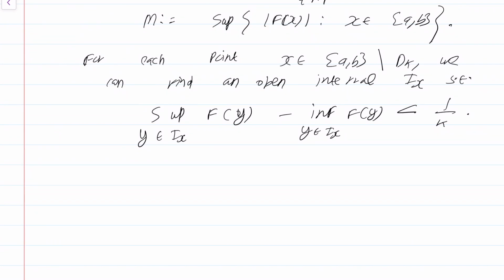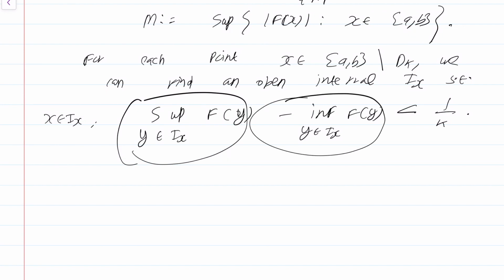Okay, because you are taking a point x which is outside of D_k, the oscillation at that point has to be less than 1 by k, which means you can find a small interval I_x that contains x, of course, such that x is an element of I_x. That interval contains x, and moreover, when you take the supremum minus the infimum it is less than 1 by k. This is just the definition of oscillation.